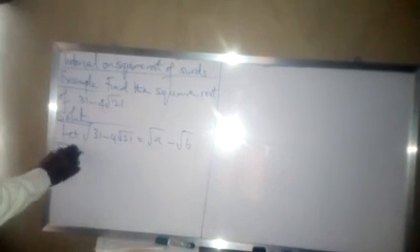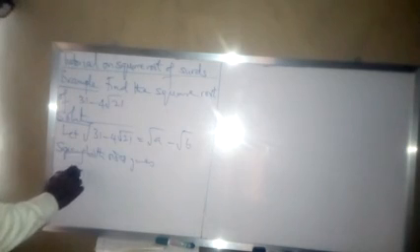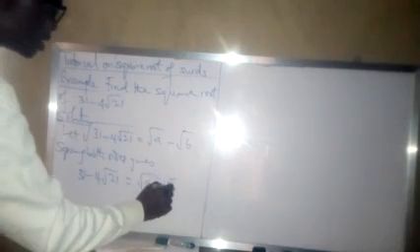Squaring both sides gives 31 minus 4 root 21 is equal to root A minus root B all squared. So 31 minus 4 root 21 is equal to root A minus root B multiplied by root A minus root B. Root A times root A is root A squared, which is A. Then root A times minus root B is minus root AB.